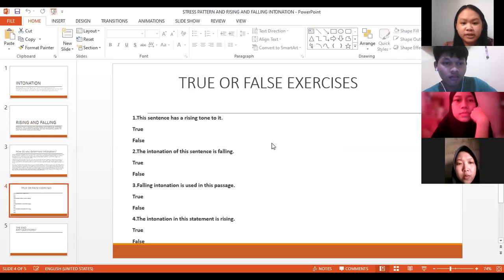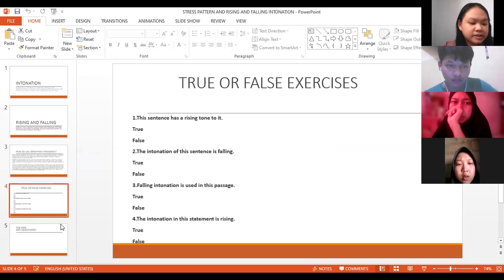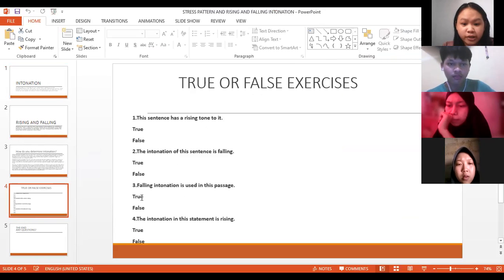Okay, you can fill this true or false exercise and hear this recording. There are 4 exercises for you, and you can fill this true or false exercise based on what you hear in the recording. Okay.